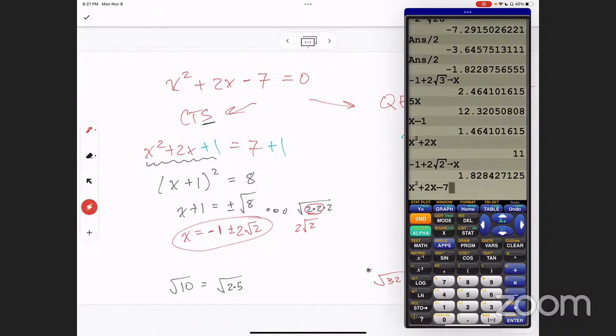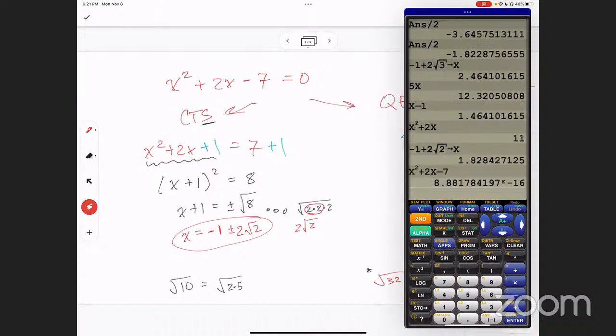Oh, 0. I should get 0. Now, that doesn't look like 0, but guess what that is? It's e to the negative 16, a very tiny number. What is that really close to? 0. It's ridiculously close to 0.